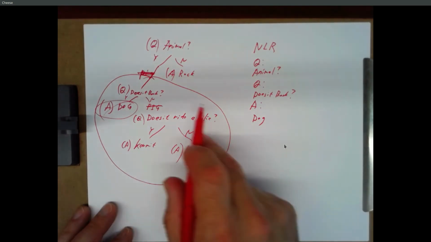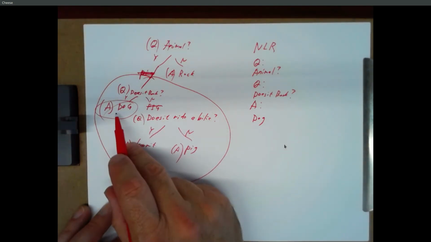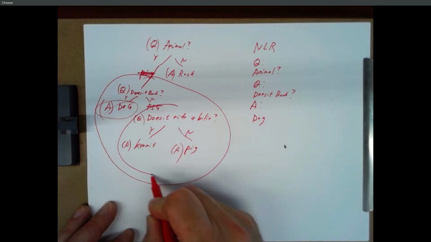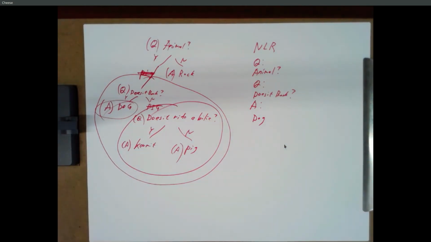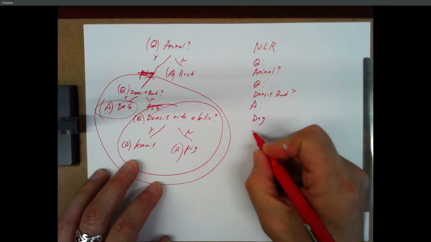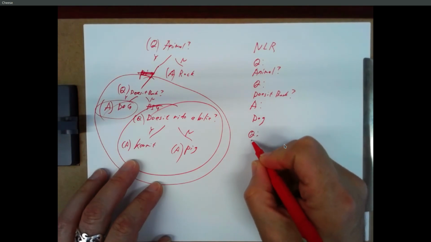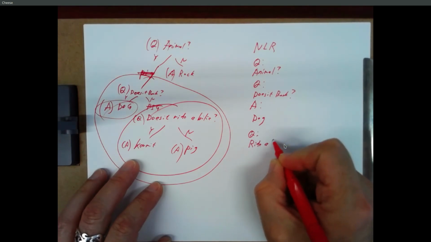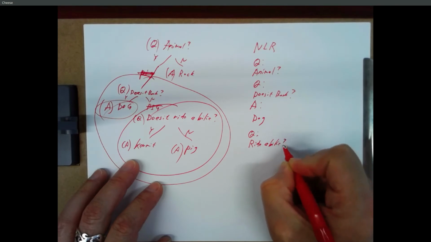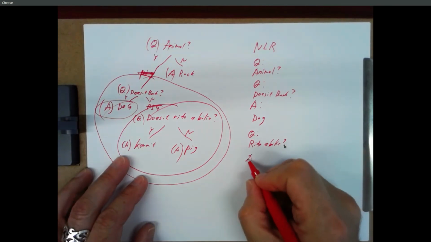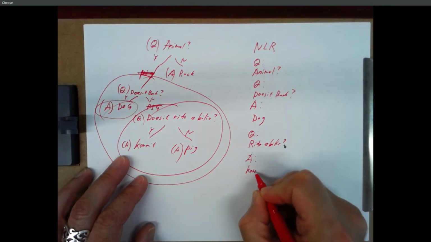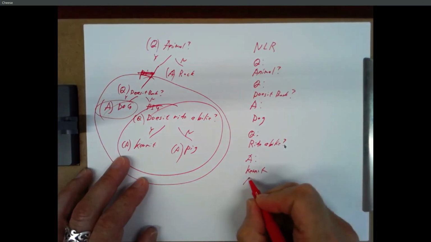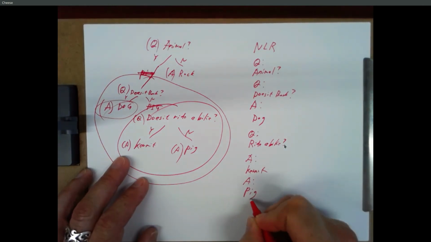So for this circle tree, we printed out the root node. We traversed the left subtree. Now we have to traverse the right subtree. Traverse it in node left right. So the root is a question. Does it ride a bike? Traverse the left subtree, that's going to be an answer, Kermit. Traverse the right subtree, that's an answer, pig.